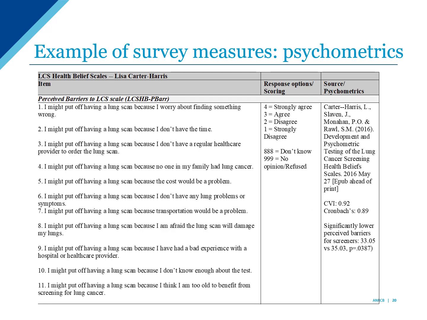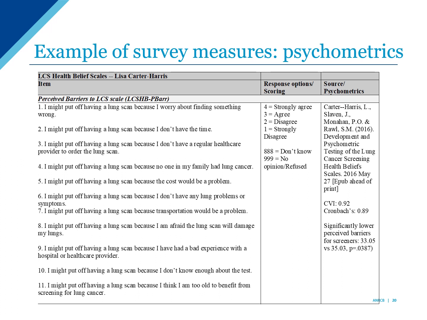An example of survey measures that have been tested and used in well-established studies and have the psychometrics reported for them are these measures. This is a scale of beliefs about lung cancer screening, created by Lisa Carter Harris.